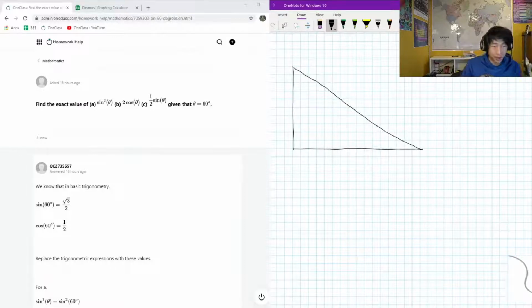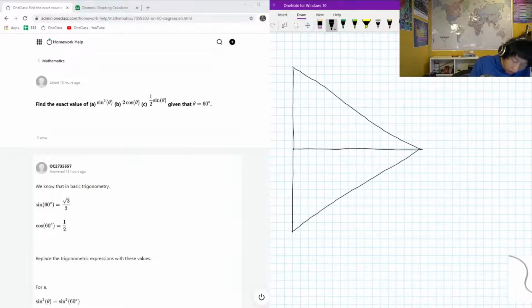Imagine we have this 60-degree angle. We know that if we were to double this, it forms an equilateral triangle. So let's say we started off with this equilateral triangle and we cut it in half.